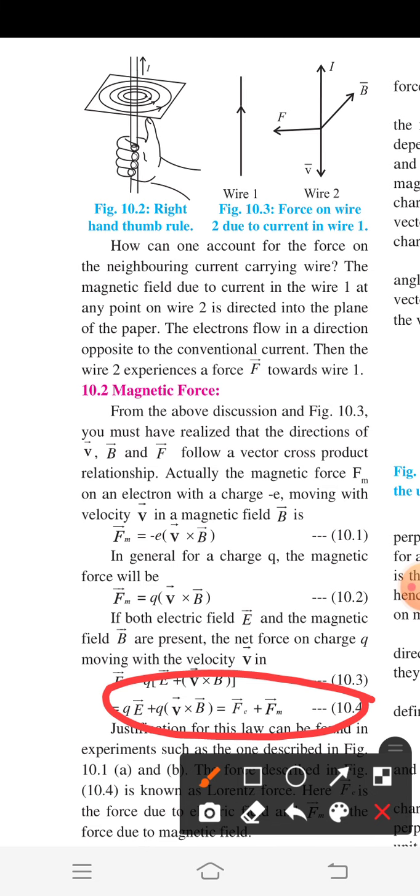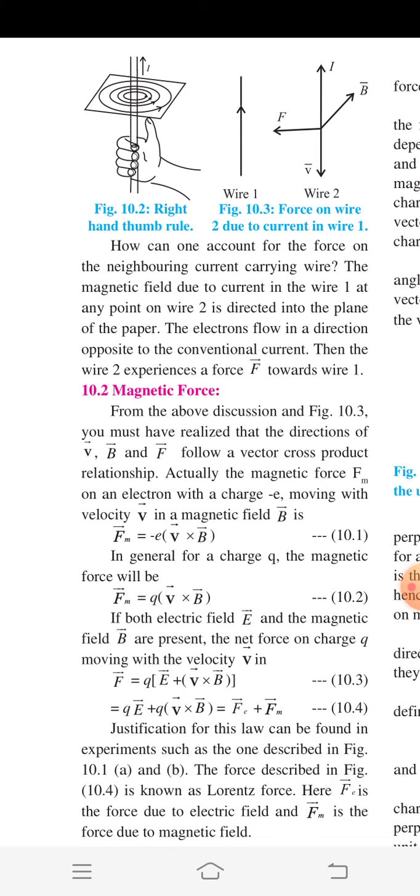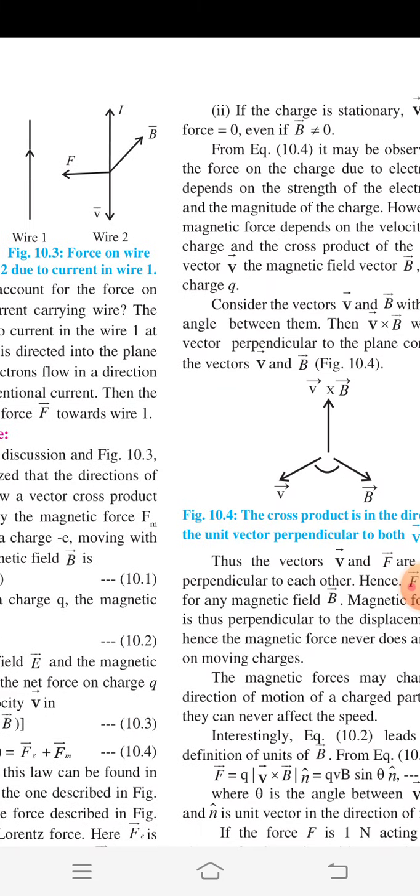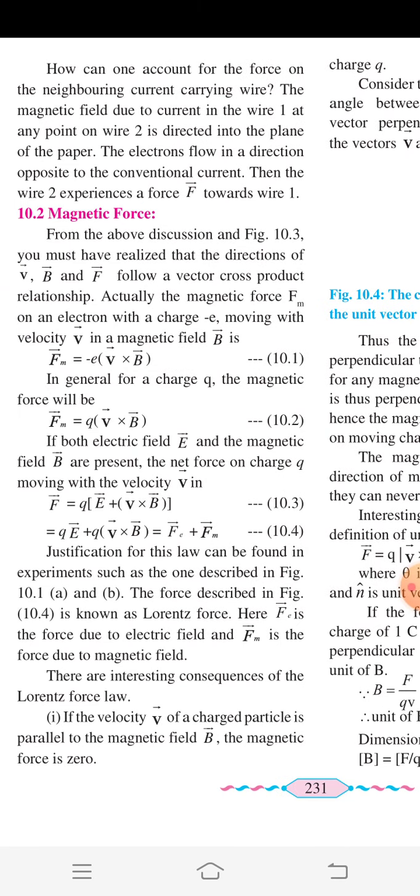And in this Lorentz force, we saw that the electric force F E bar, the force due to electric field, and the force due to magnetic field F M bar are present. There are some interesting consequences of the Lorentz force.